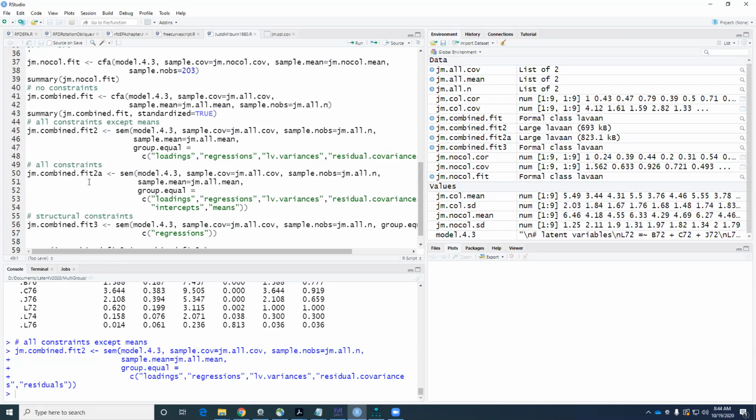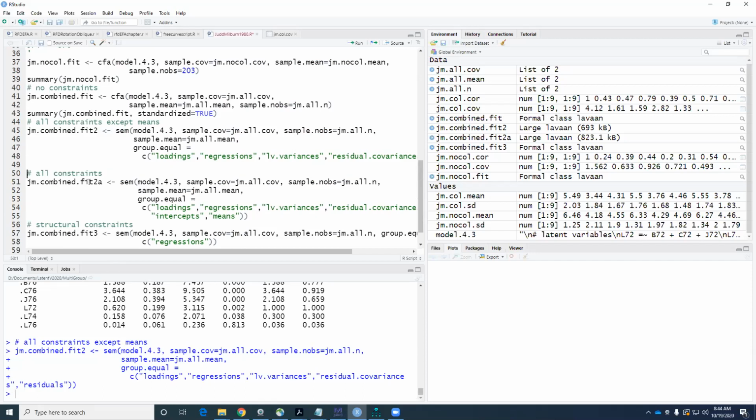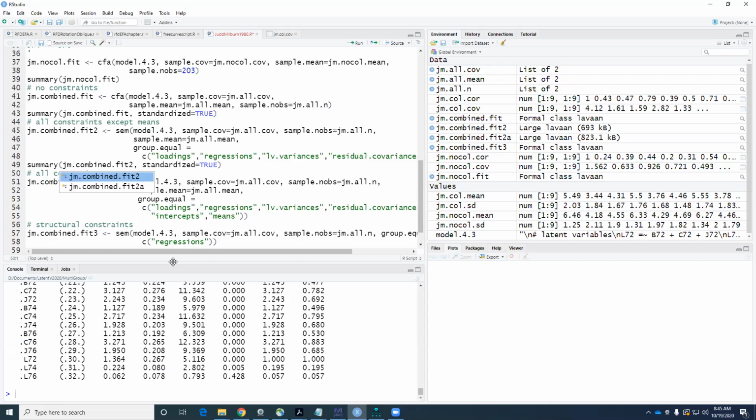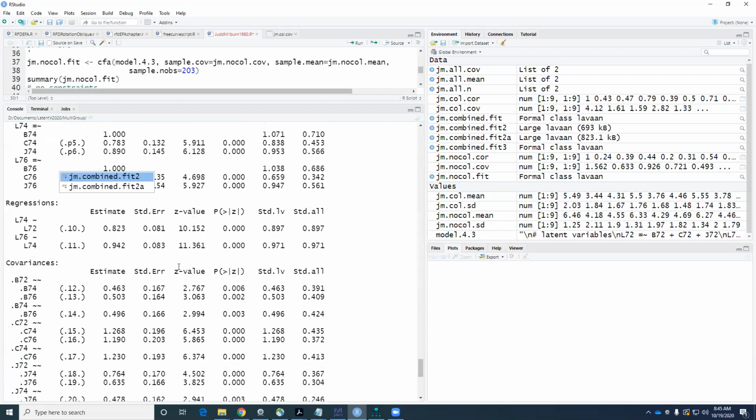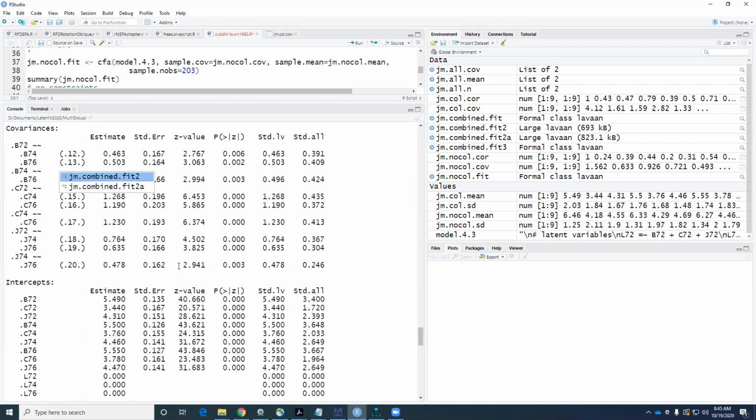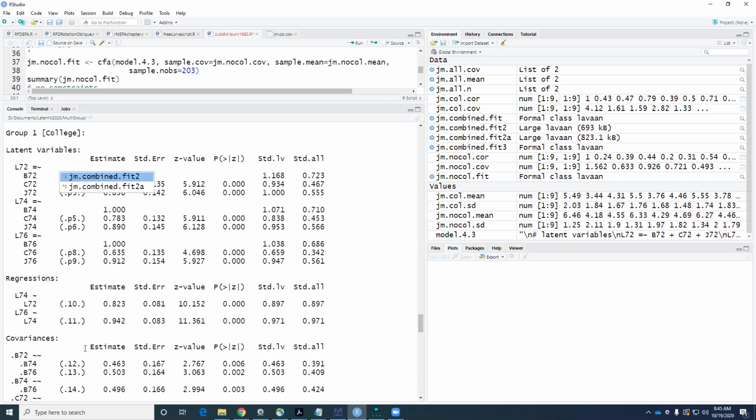And I could look at a summary of that as well. Here's my numbers.